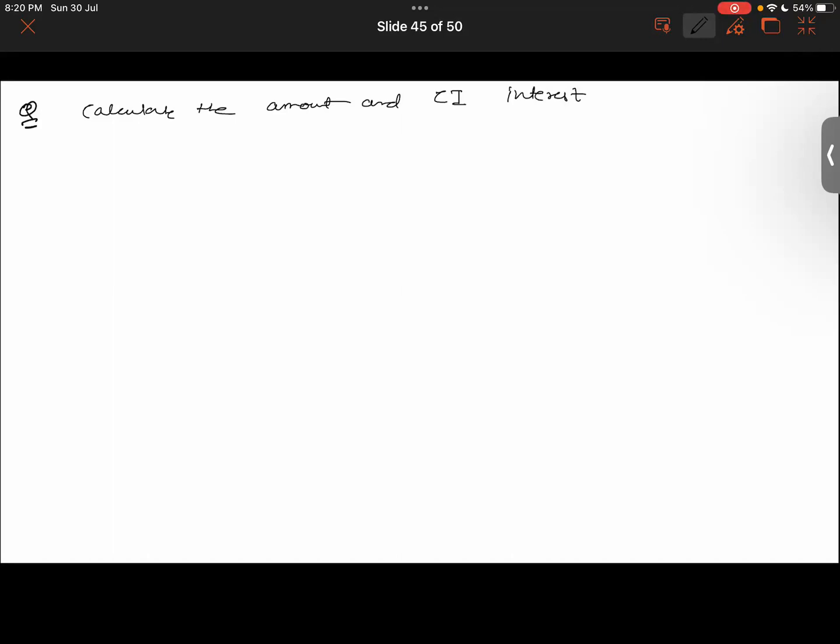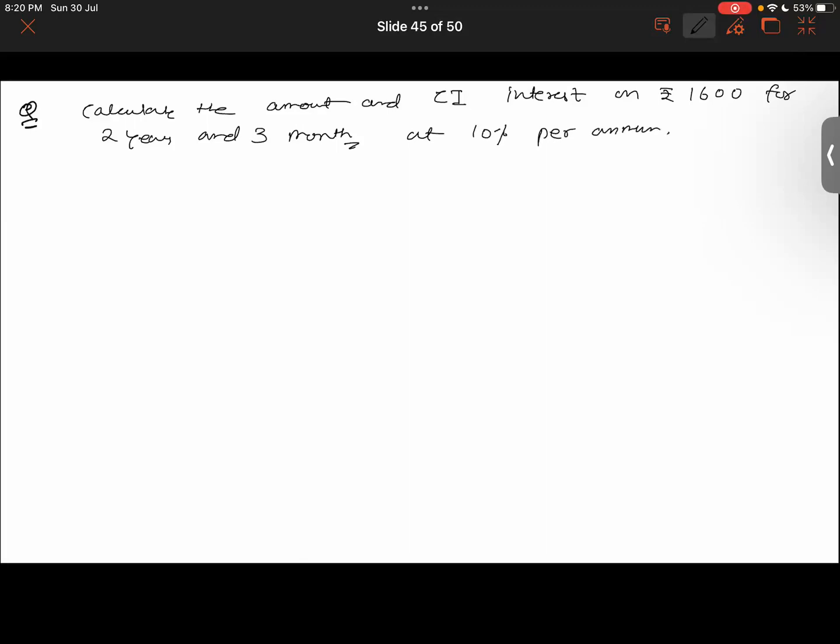Exactly. Okay, so calculate the amount and compound interest on rupees 1600 for 2 years and 3 months. Here's the twist. We have taken 3 months also here, at 10% per annum, guys.